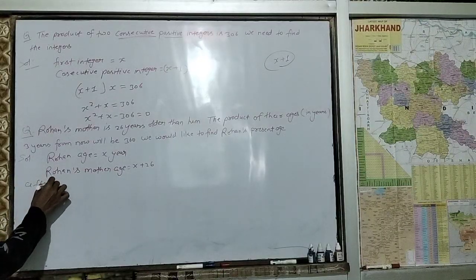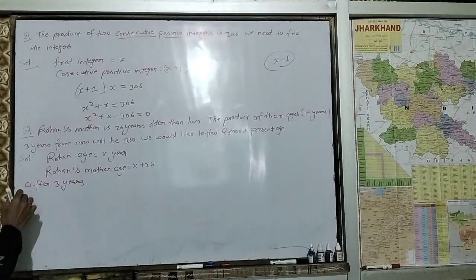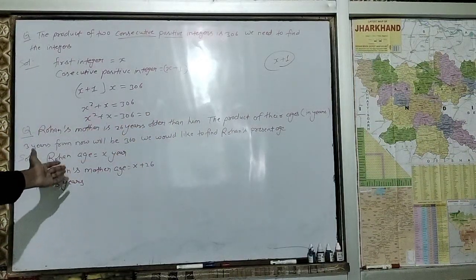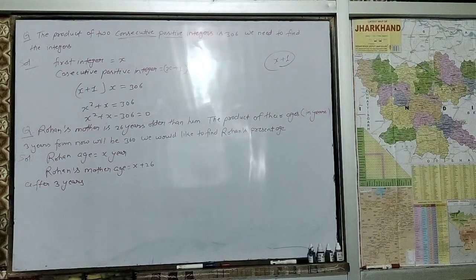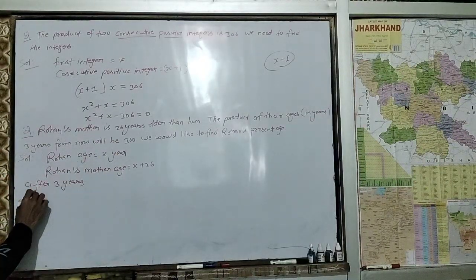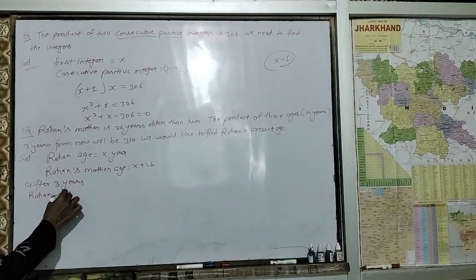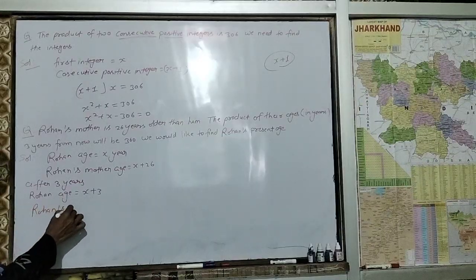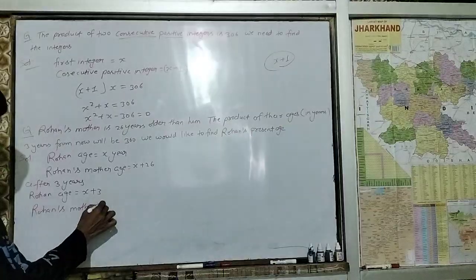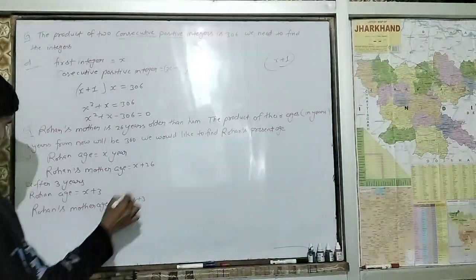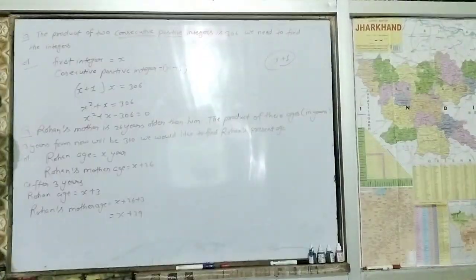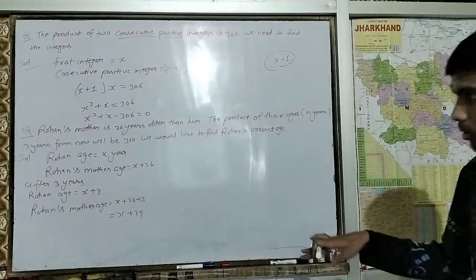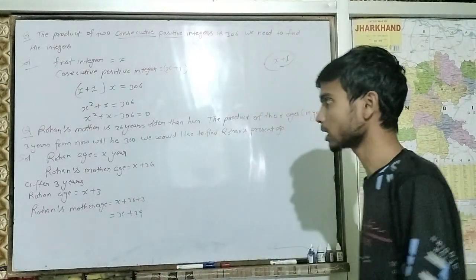After 3 years, Rohan will become x plus 3, and Rohan's mother will become x plus 26 plus 3, which is x plus 29.